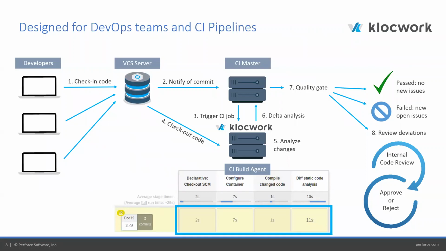Here come developers and CI masters. You can set a rule like: if there are no defects found, the quality gate 2 is passed and there are no new issues, so you can allow the commit. At the same time, if any Clockwork defects are detected at the time of commit, you can say commit failed.